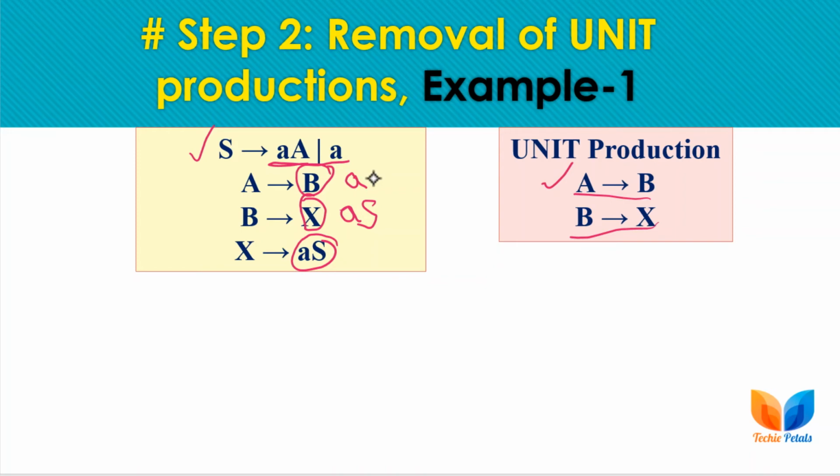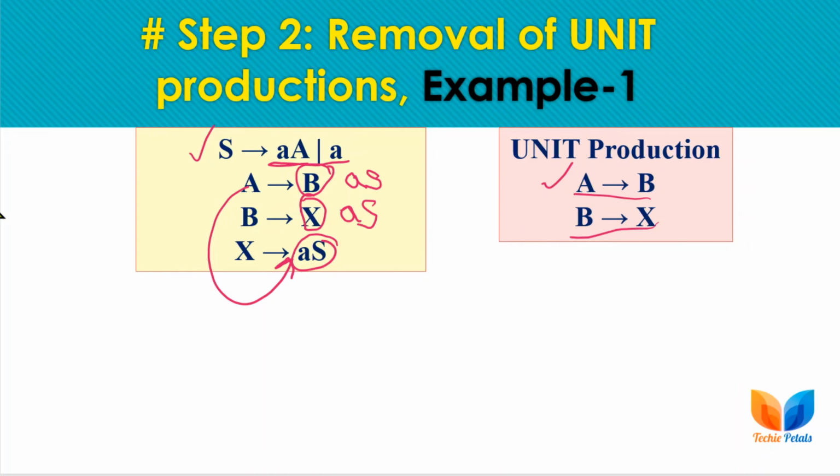Or you can simply remove all these extra steps by simply rewriting A with this string. So we need not move from A to B, then B to X and then X to AS. We can simply rewrite A with AS and we can skip these extra steps.